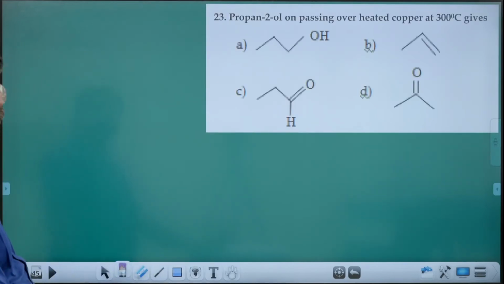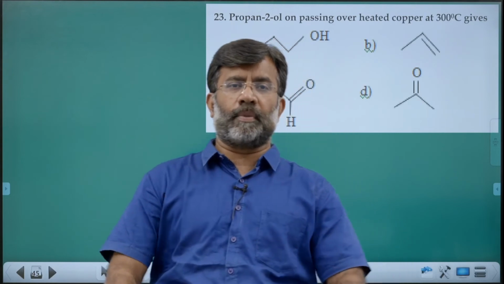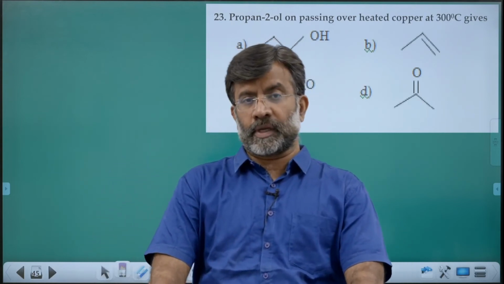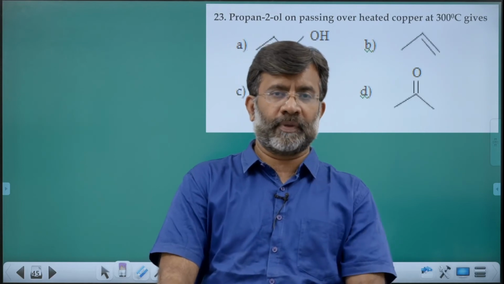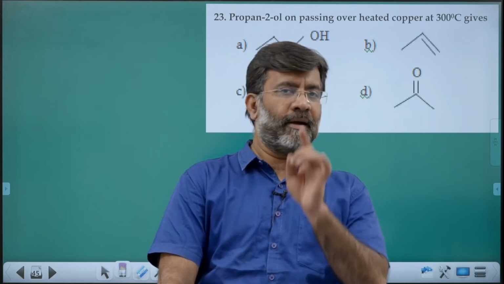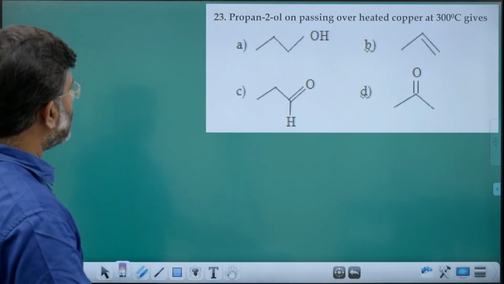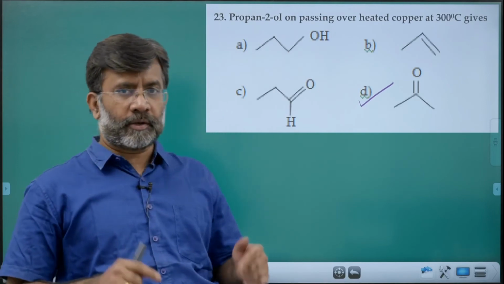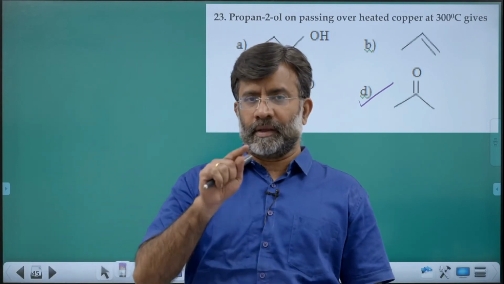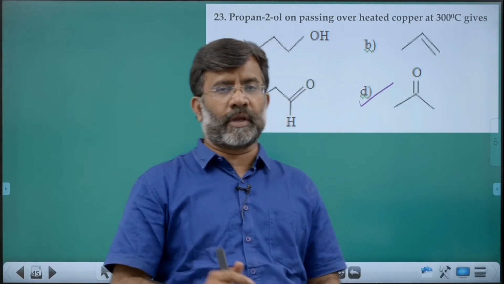propan-2-ol on passing over heated copper. That also you have learned. Primary alcohol heated with the copper catalyst, you get an aldehyde. Secondary alcohol heated with the copper catalyst, you get a ketone. While tertiary alcohol, you get an alkene. So the answer is ketone. Third choice. Propan-2-ol, a secondary alcohol, heated with the copper catalyst, there will be dehydrogenation and you get a ketone.